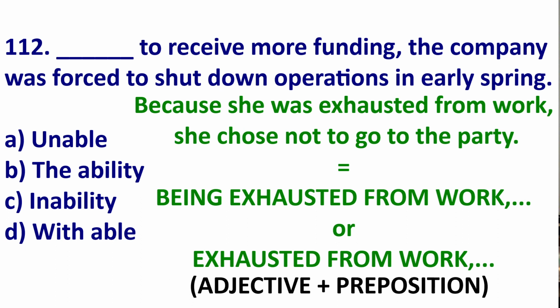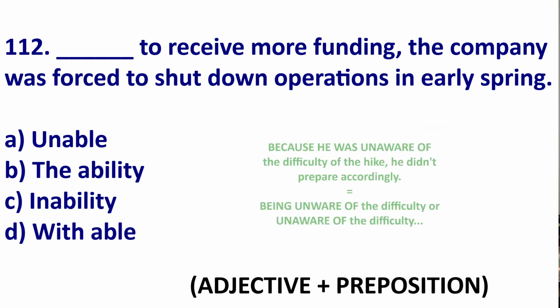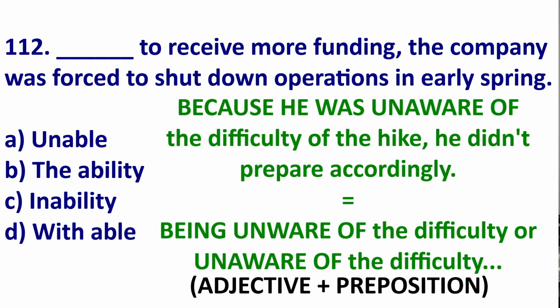Now, once again, this is more common when the adjective, such as exhausted, is connected to a preposition like from. Another example. Because he was unaware of the difficulty of the hike, he didn't prepare accordingly. Subject is the same, he.